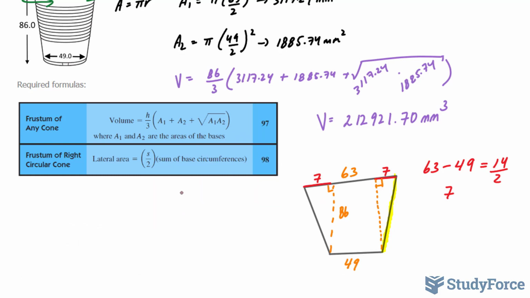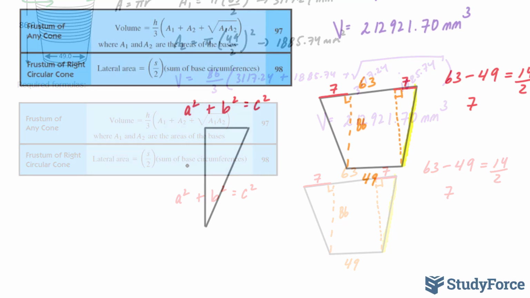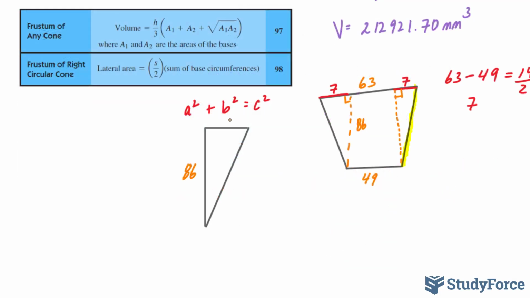The Pythagorean theorem looks like this: a squared plus b squared is equal to c squared. And I'll draw for you just this part right here. Here we'll have 86. Here we'll have 7. And this, given that it is the hypotenuse, we'll call it c. 86 squared plus 7 squared is equal to c squared.